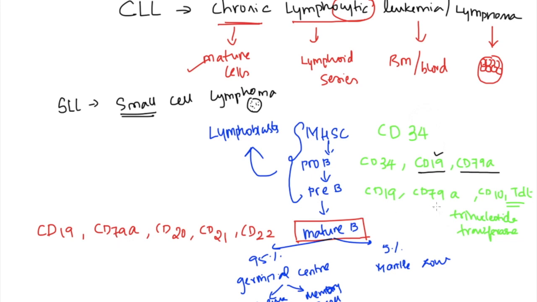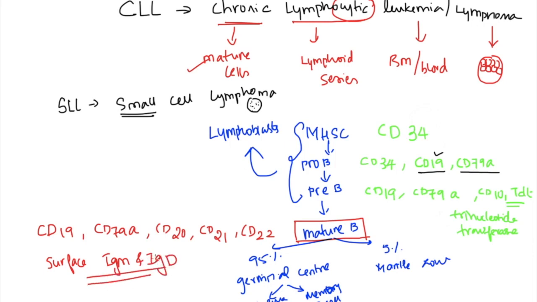Again, we'll get rid of these two, as they are just markers of pre-B cell. Now, in immunology we have read that immunoglobulins are present and form the B cell receptors for antigens. That's why we have surface immunoglobulins: IgM and IgD.